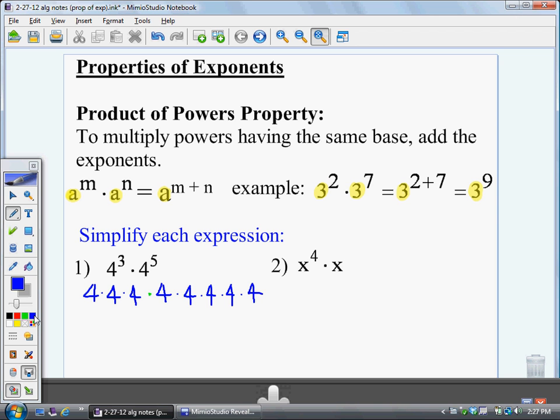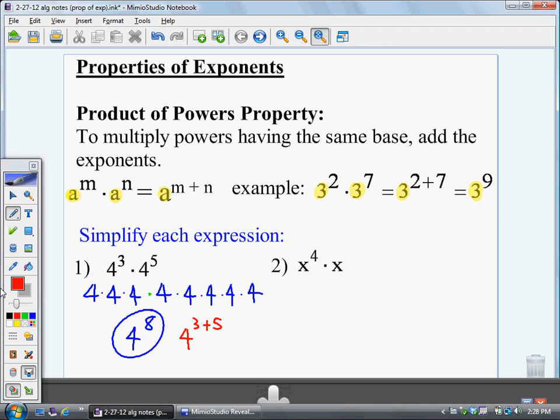So if you look at what we actually have, it's repeated multiplication with 8 fours all multiplied together. So I could write one base 4, and my exponent is 8. And there's your answer, 4 to the 8th. Which, again, how do we get that? 4 to the 3 plus 5. 3 plus 5 is 8, 4 to the 8th power.